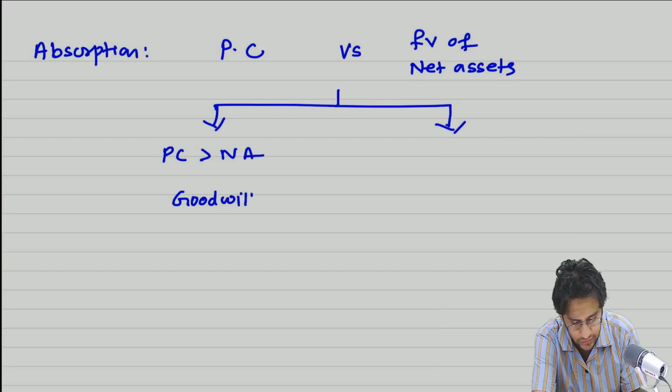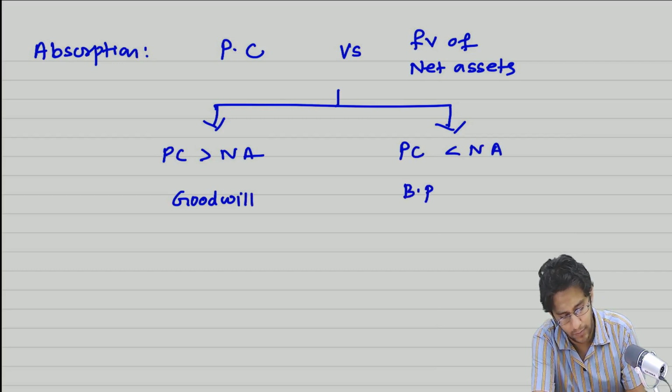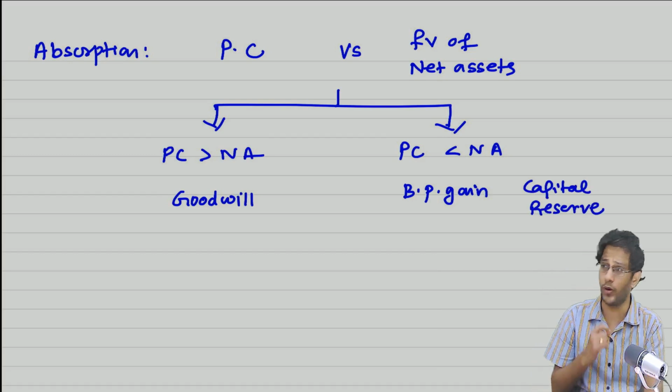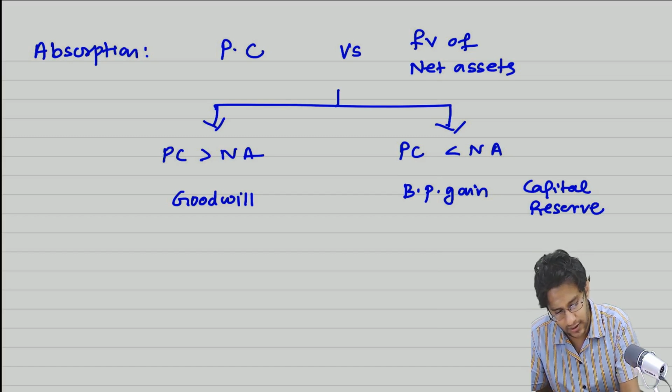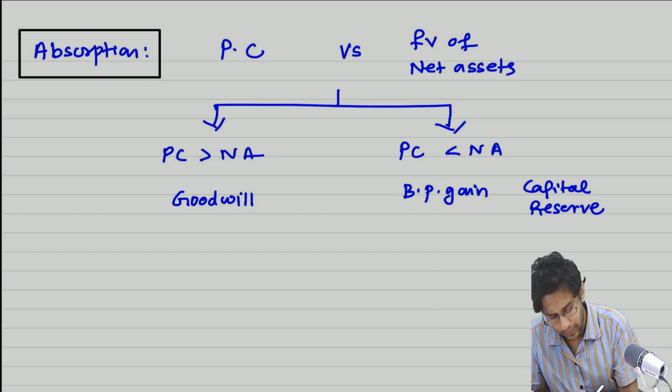You paid consideration for goodwill. If PC paid is less than the fair value of net assets acquired, then this is a bargain purchase gain, which we will actually show under capital reserve. Relating to this bargain purchase gain, there is one more point which we will discuss later. So this is one particular business combination arrangement. Imagine I am talking about control acquisition.